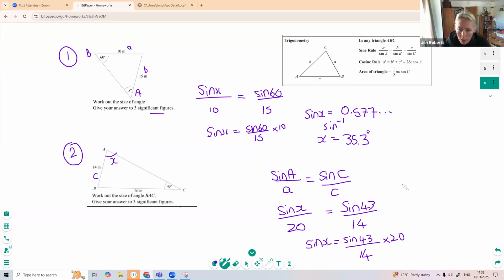Gives you sine X is 0.974. Sine to the -1 both sides. Gives us 77.0 to 3 significant figures. I would suggest maybe watching cosine rule next.